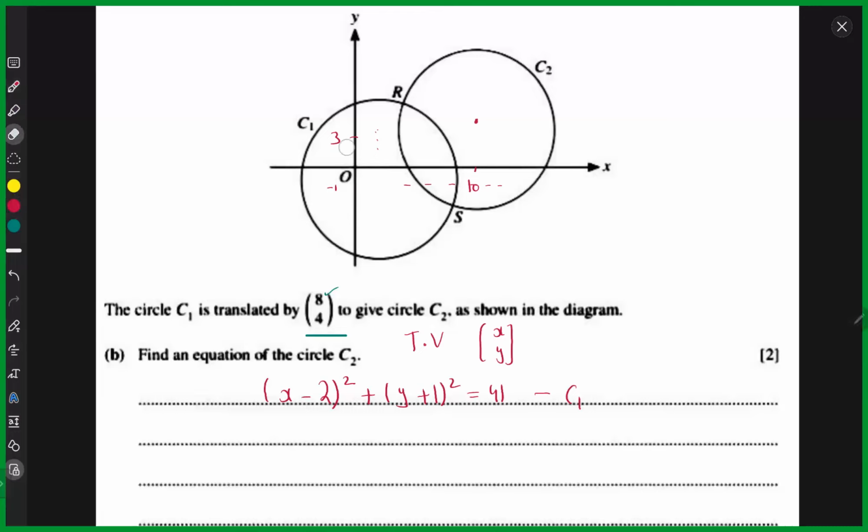If you don't want to think about it this way, and if you want to talk about the translation vector only, we know that whenever something is moving to the right, the change is going to be in x. And in the translation vector, we will see the exact change.